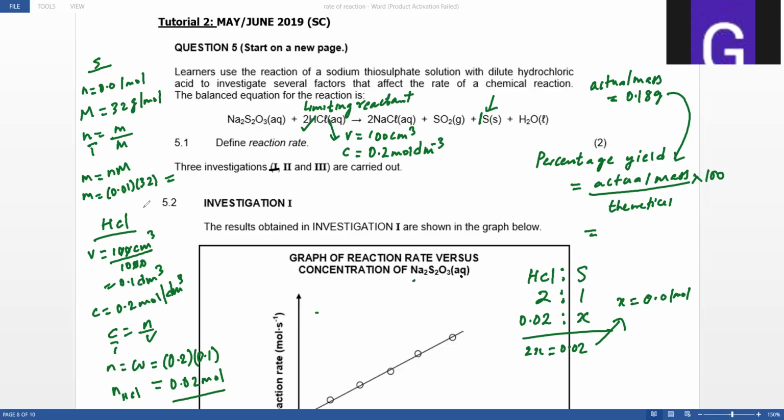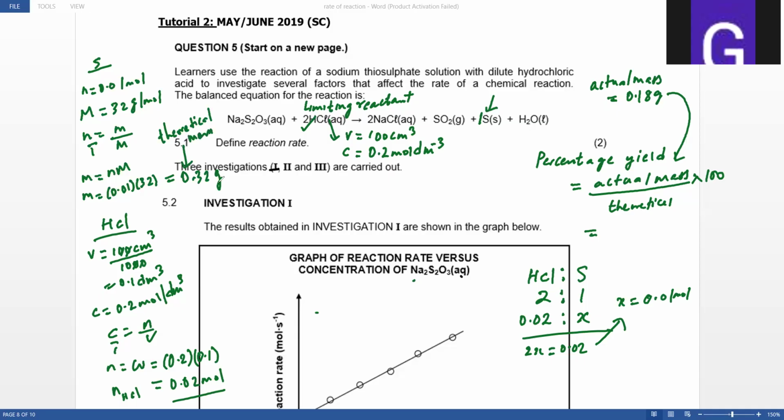So 0.01 multiplied by 32, this will give us 0.32. I'm sorry, the mass. So it means this is actually the theoretical mass or the calculated mass.